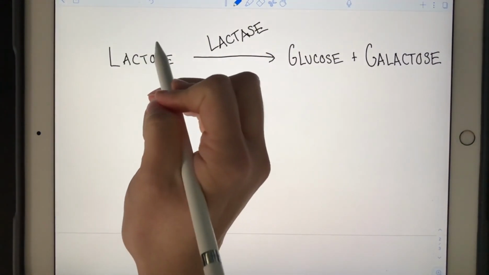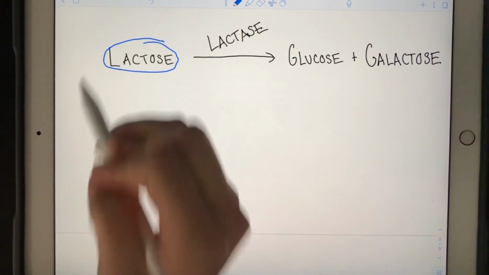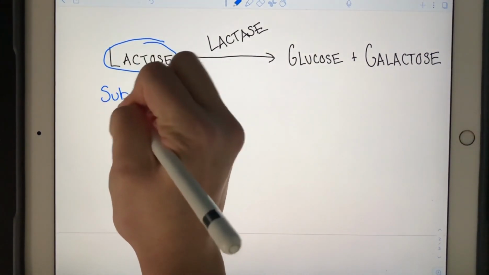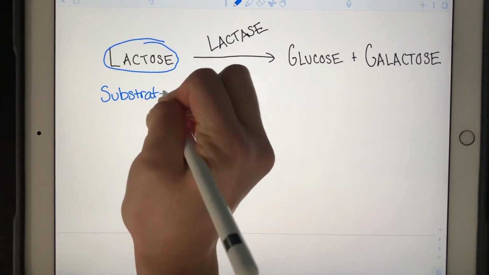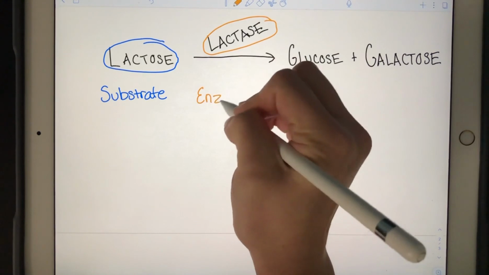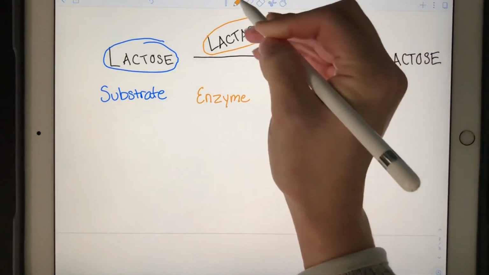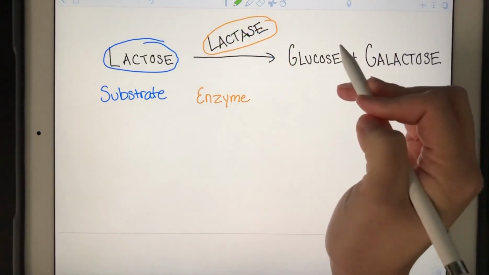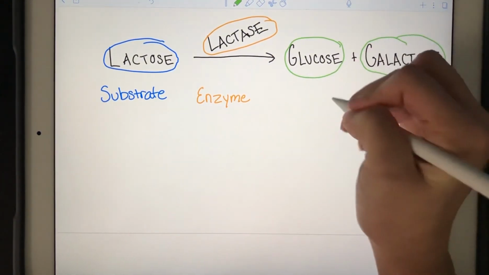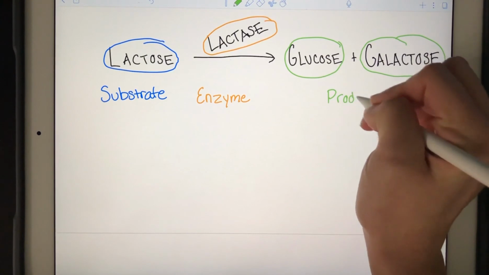So if we want to go through our labels, we have the lactose, which is our substrate. We have lactase, which is our enzyme. And we have glucose and galactose, which are our products.